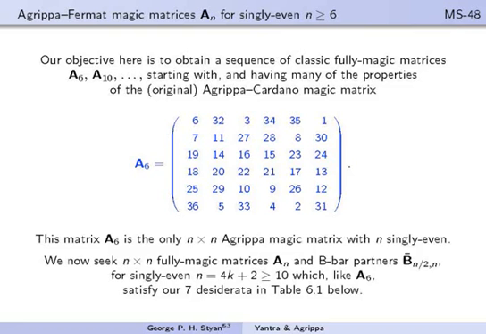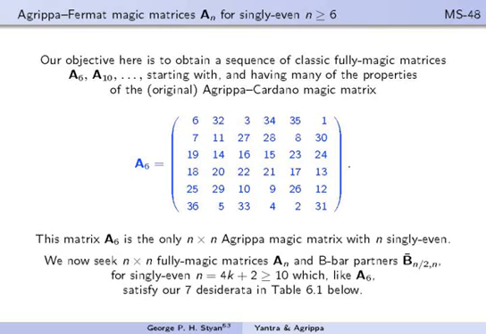The Agrippa-Cardano magic matrix is shown here in the middle, and we're now going to discuss how to generate what I will call Agrippa-type matrices, though they will end up being Agrippa-Fermat magic matrices, because we will use a result of Pierre de Fermat, of Fermat's last theorem fame.